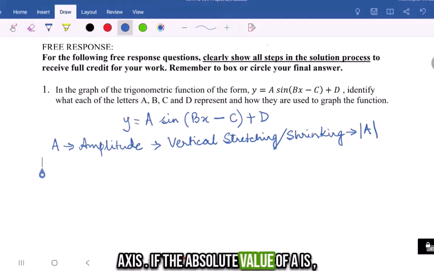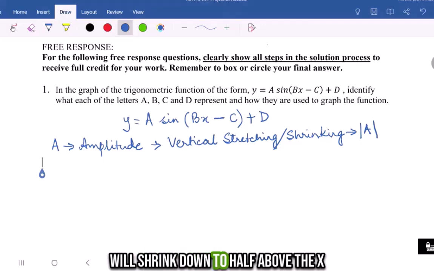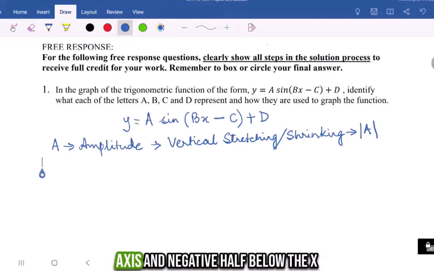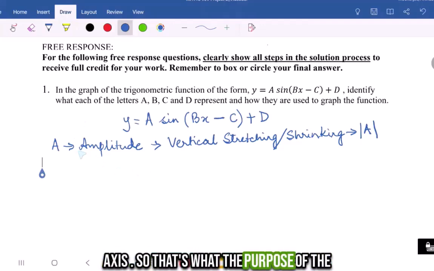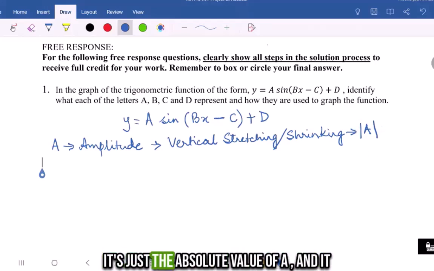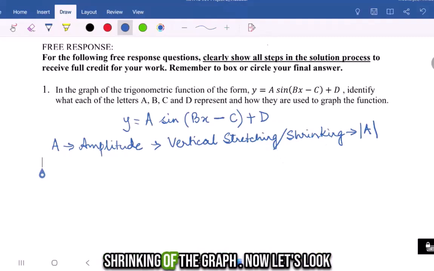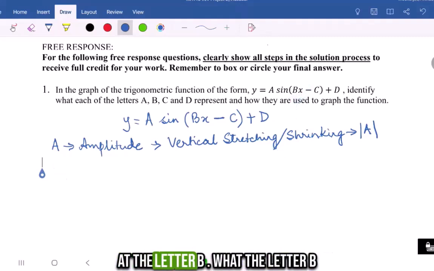If the absolute value of a is, let's say, 1/2, then the graph will shrink down to half above the x-axis and -half below the x-axis. So that's what the purpose of the amplitude is. The formula is simple. It's just the absolute value of a, and it determines the vertical stretching or shrinking of the graph. Now let's look at the letter B.